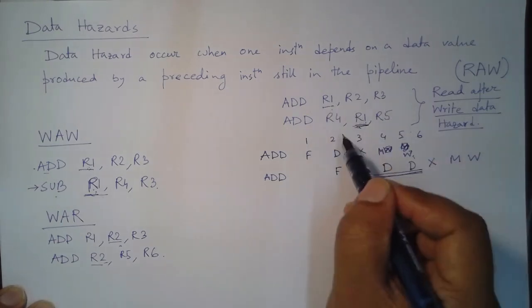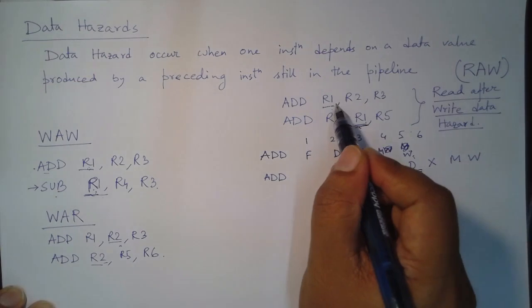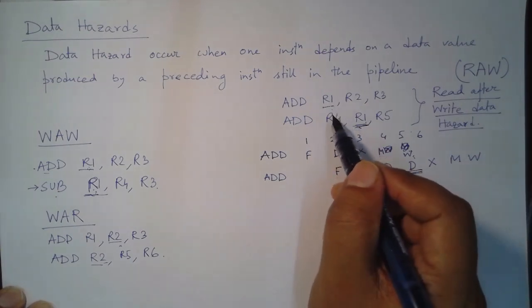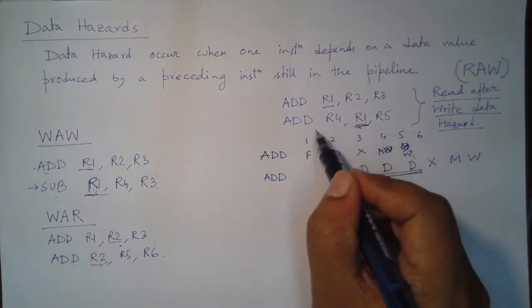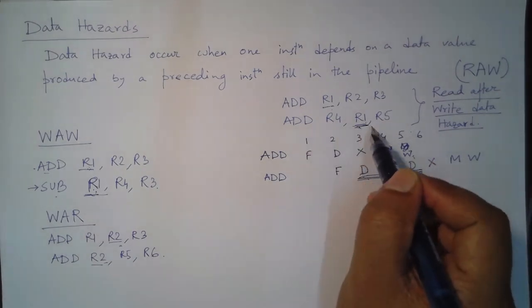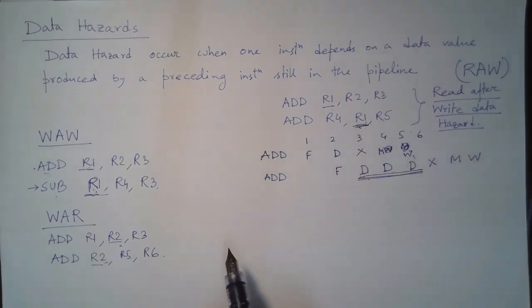Since this is an arithmetic operation, the updated value of R1 will be available only after the write back stage, and in between, if you want to use this R1 value, you will not get appropriate data. So that is a problem.